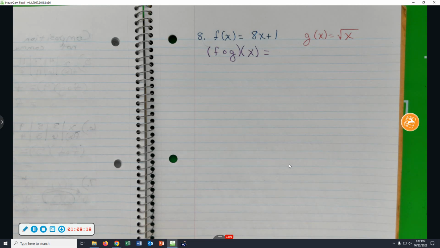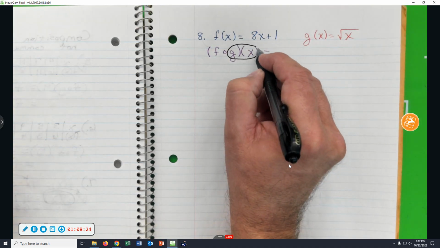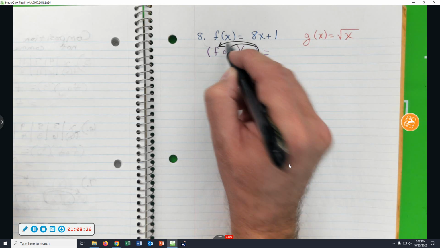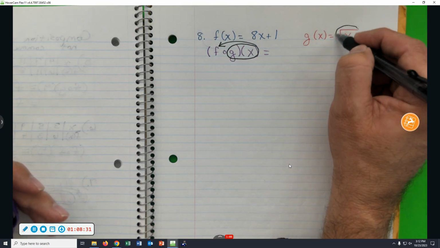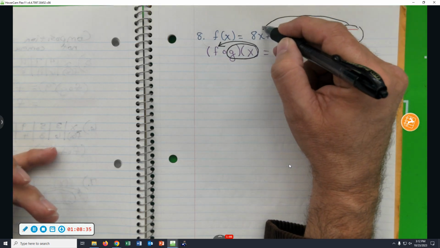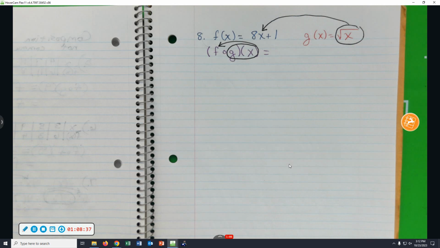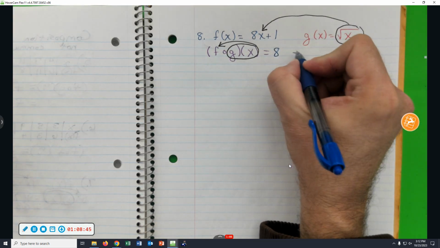To find f composed with g of x, that means plug g of x into f. So I'm plugging g of x into f. So in place of that blue x, what am I going to put there? That red square root of x. Exactly.